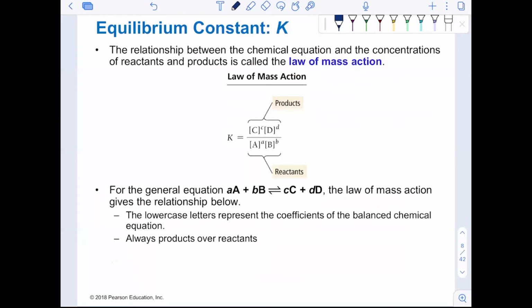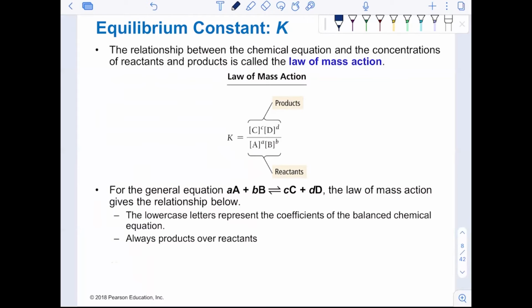Now, how can we calculate anything in this area is by looking at the equilibrium constant K. The relationship between the chemical equation and the concentration of the reactants and products is called the law of mass action. It's how we determine anything about establishing equilibrium in a reaction.